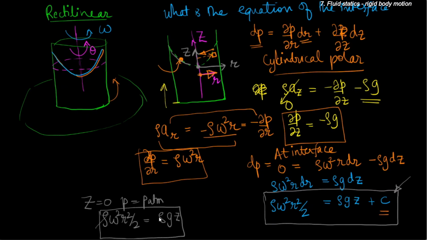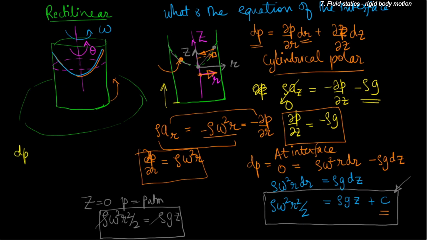I can cancel out rho, no problem. So essentially at z equal to 0 we have r equal to 0 and p equal to p atmosphere. For all the other points we can find out the pressure. How can I find out the pressure at some other point? Well, we can simply write down the expression for dp and integrate it over these 2 points.